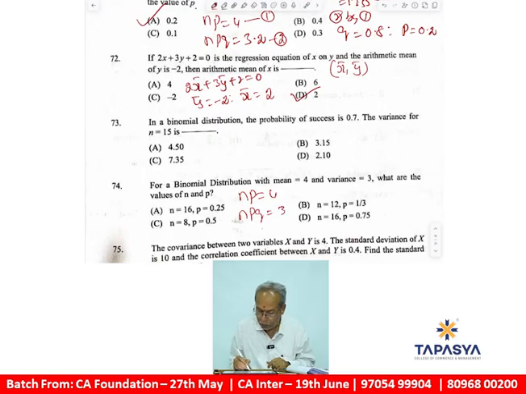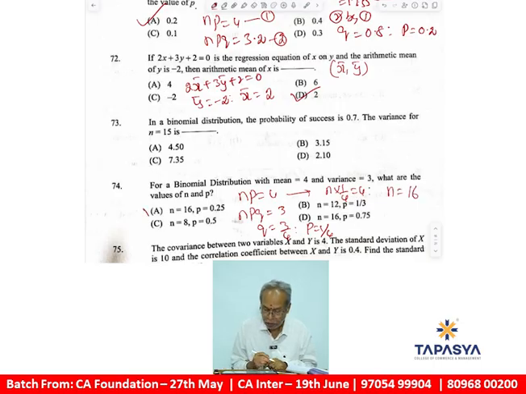Substituting NP value, here you will get Q is equal to 3 by 4, P is equal to 1 by 4. Then N into 1 by 4 is equal to 4, N is equal to 16. So the right answer is N is equal to 16 and P is equal to 1 by 4.